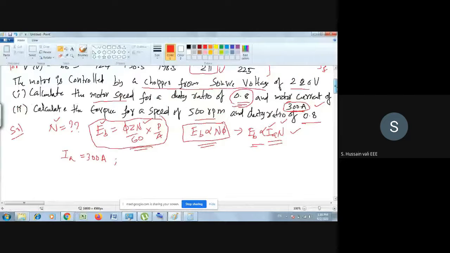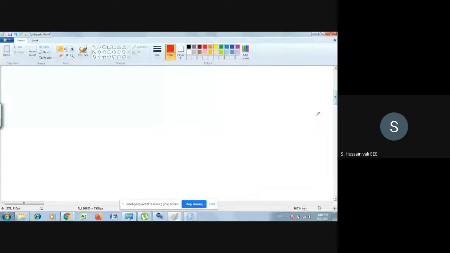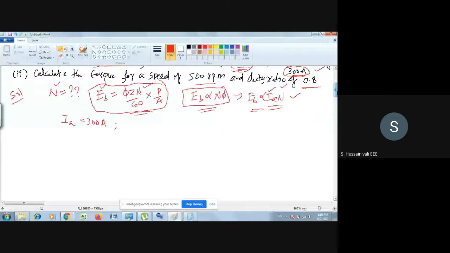Then I will draw the circuit diagram of this series motor. This is the series motor. This value is RA plus RF, and in the problem he has given it as 0.04 ohm. LA we don't actually require. This is back EMF EB.